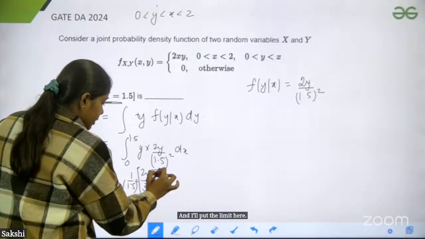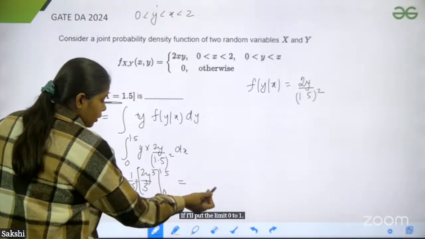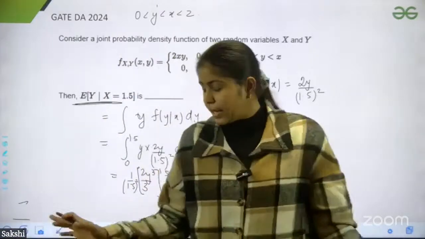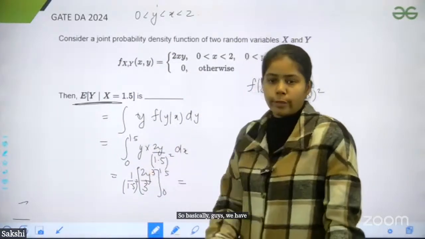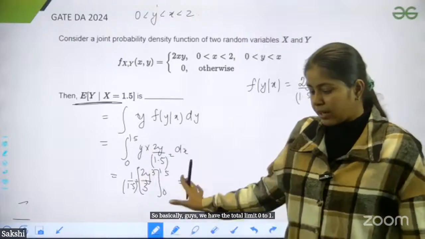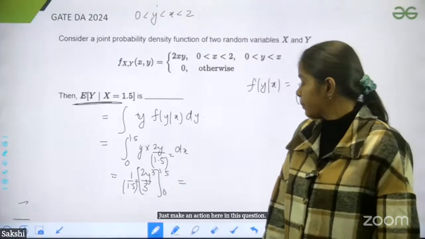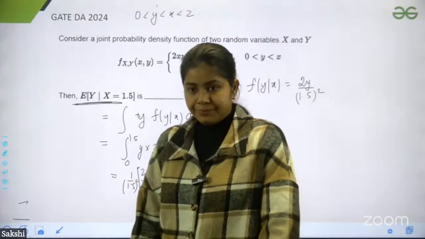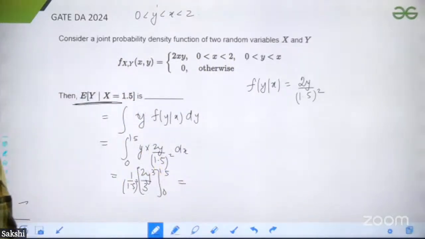If I put the limit 0 to 1.5 and solve this, you would get the result. Basically, guys, we have to put the limit 0 to 1.5. Just make a correction here in this question. I hope it is clear now, and the next one as well.